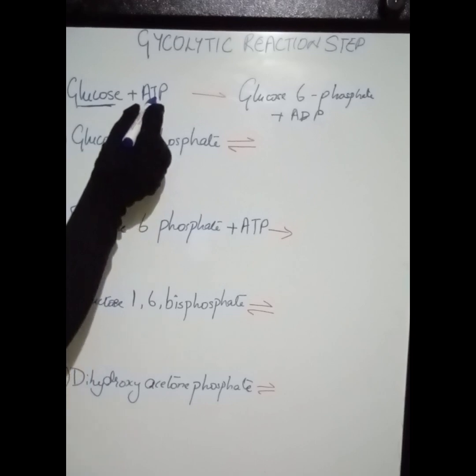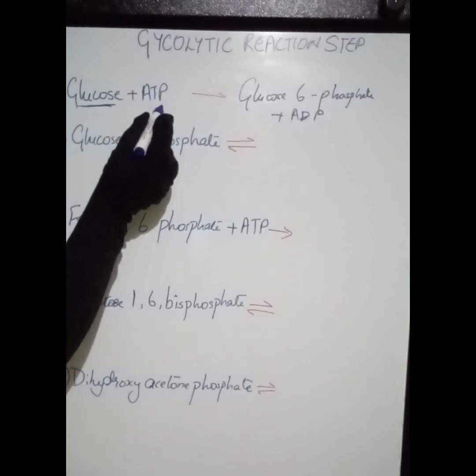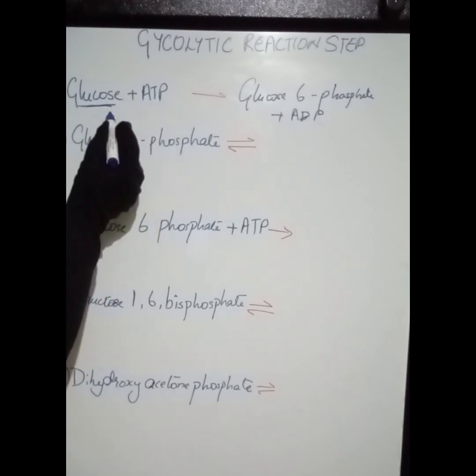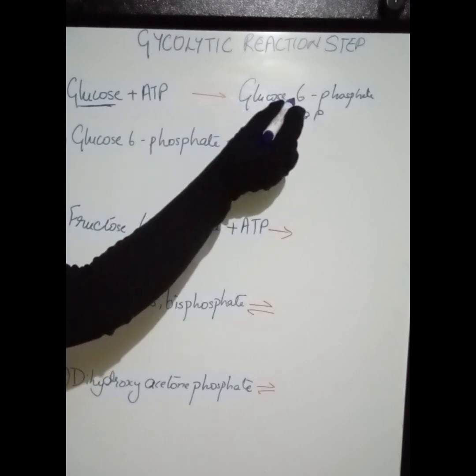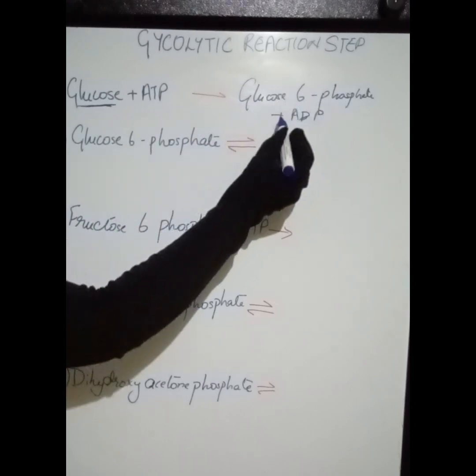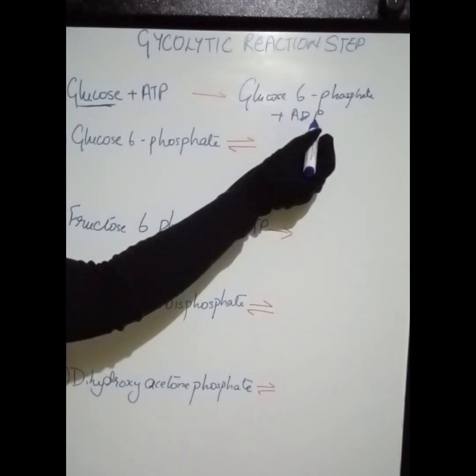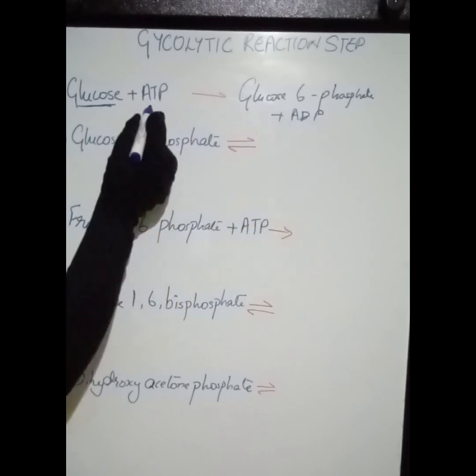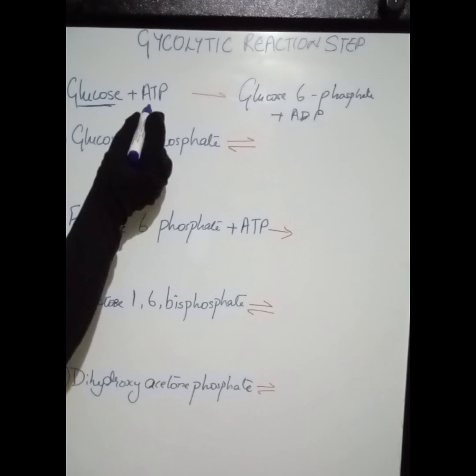So the phosphate molecule from the ATP, one of them, is used by glucose to produce glucose 6-phosphate plus ADP. ADP is nothing but adenosine diphosphate. Your ATP is nothing but adenosine triphosphate.